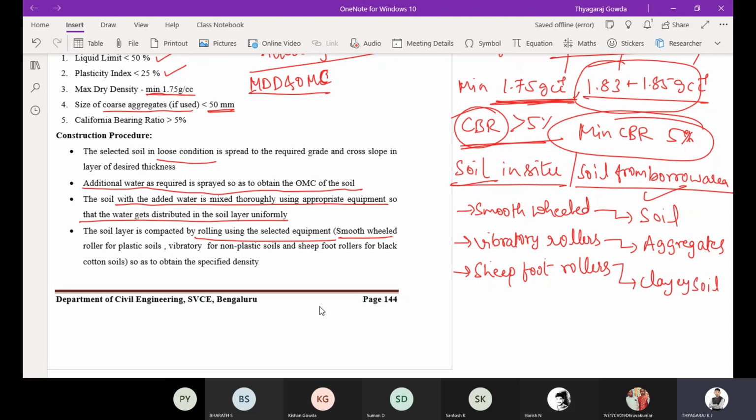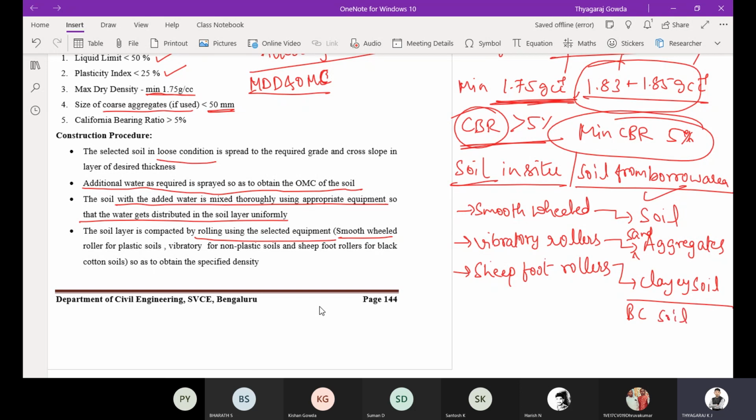So remember these 3 points. Whenever you are compacting, use a smooth wheeled roller, and a vibratory roller for non-plastic soils. That is, aggregates are considered non-plastic soil, or we can call it sand also, which is non-plastic. Then sheepfoot rollers for clay soil or black cotton soil.